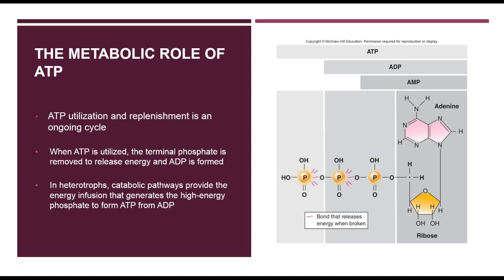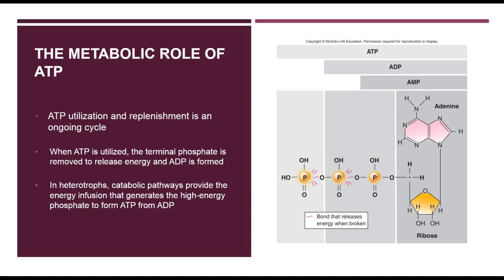When that bond is broken, energy is released and we form ADP. When ATP is replenished, that terminal phosphate is restored and the bond is formed between that second and third phosphate. Energy is stored within that bond to be used in later reactions.